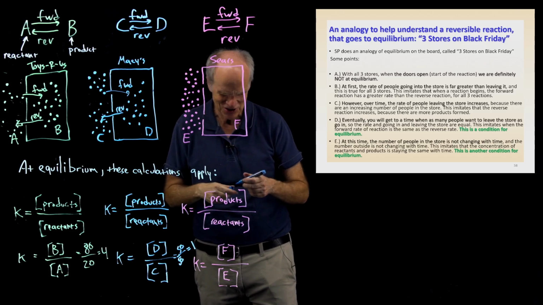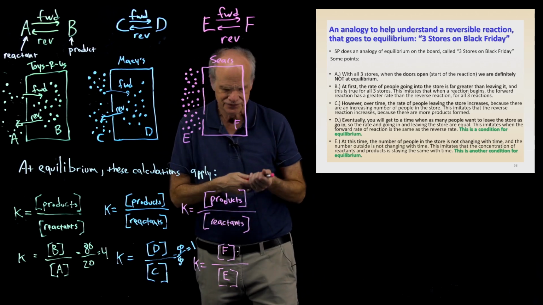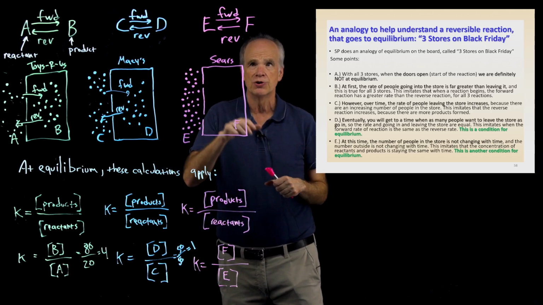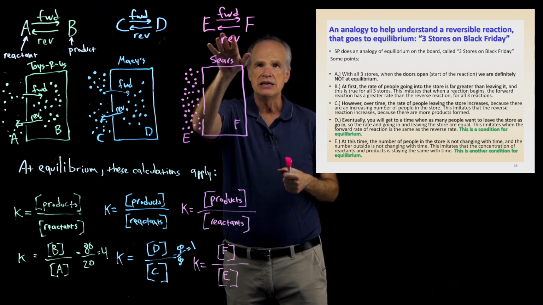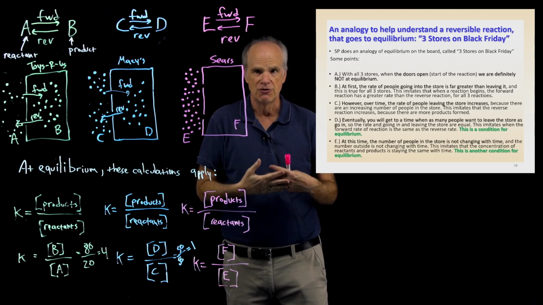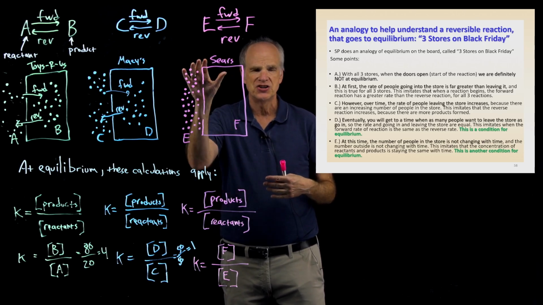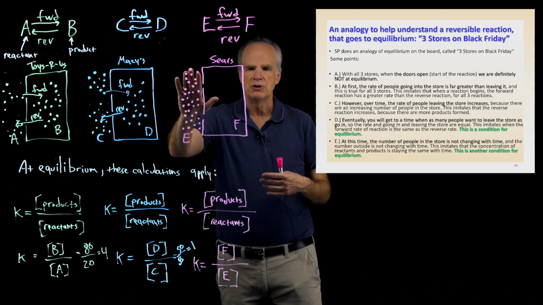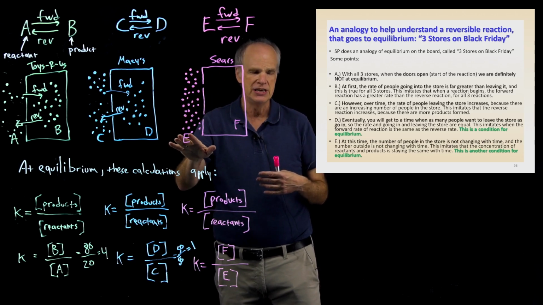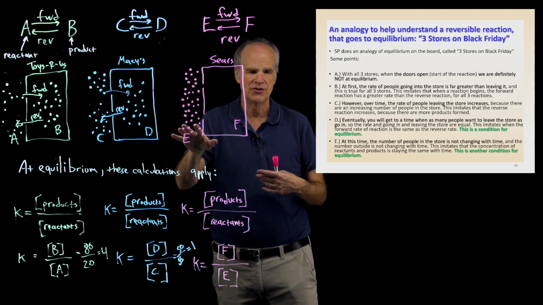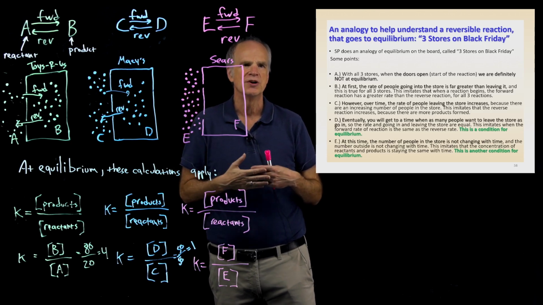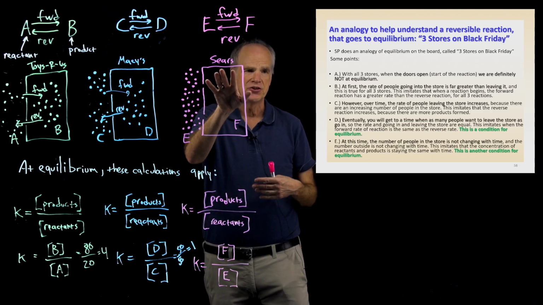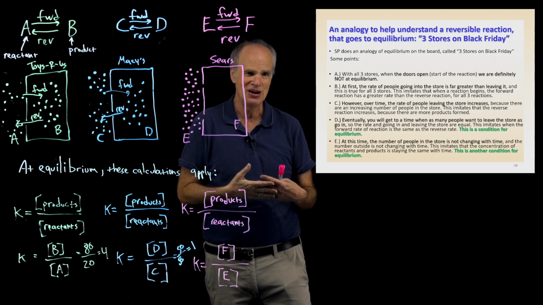Okay, so let's look at the last story here. Here we're going to model the reaction E going to F. This is a reversible reaction. The analogy we're going to use here is that we have these customers, the E molecules, outside the store. They really want toys, but the problem is this. Inside the store, it's Sears, and they don't have any toys.